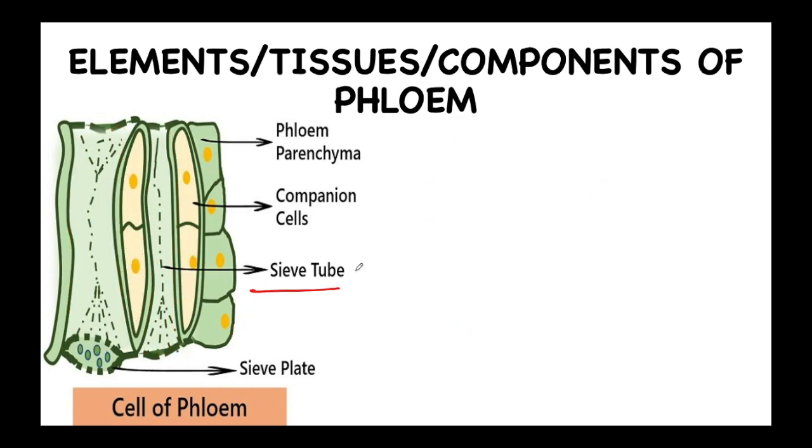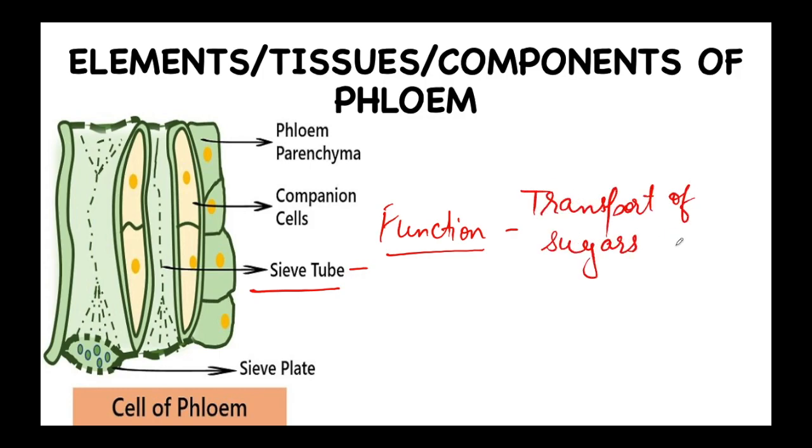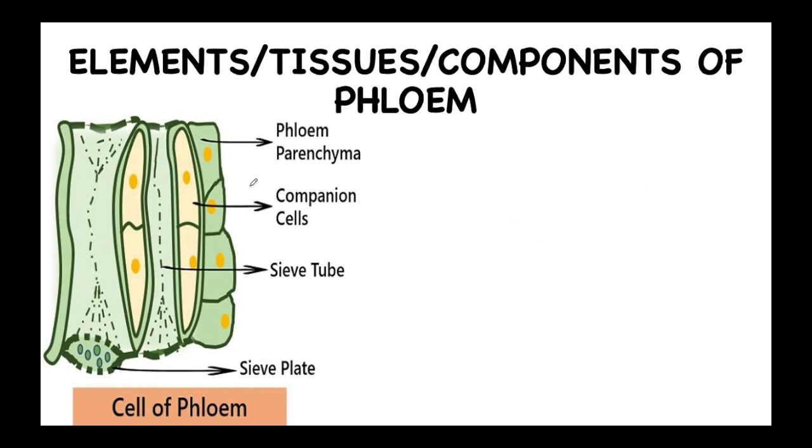Now come to the function of the sieve tube elements. Number 1, transport of sugars in the form of carbohydrates and nutrients up and down. So therefore phloem is known for its bidirectional flow. Now come to the second element or tissue or component of phloem, that is companion cells.